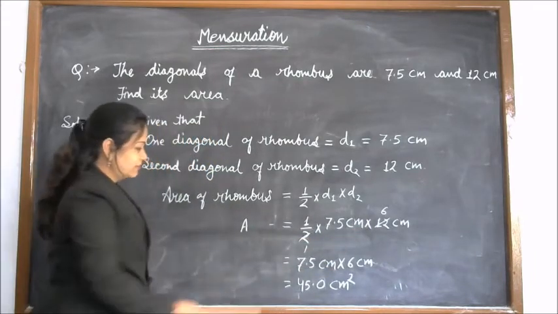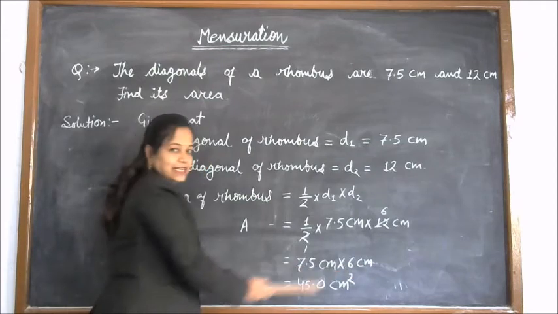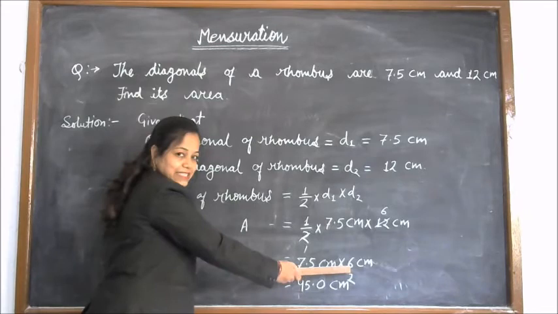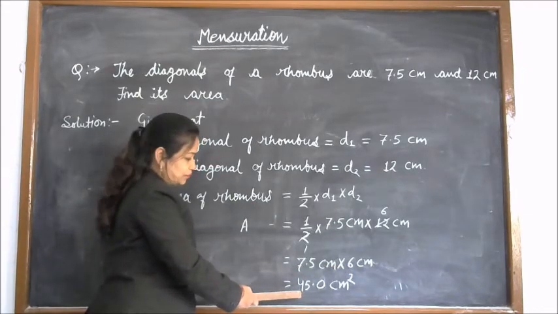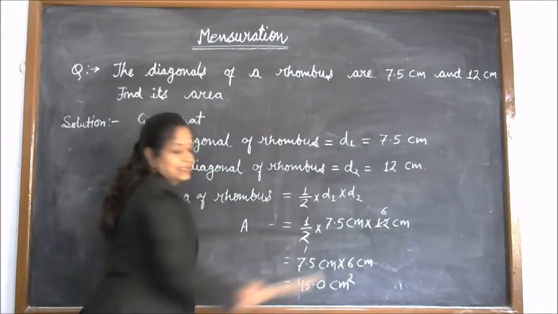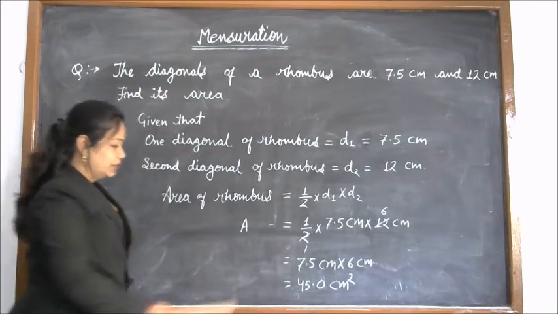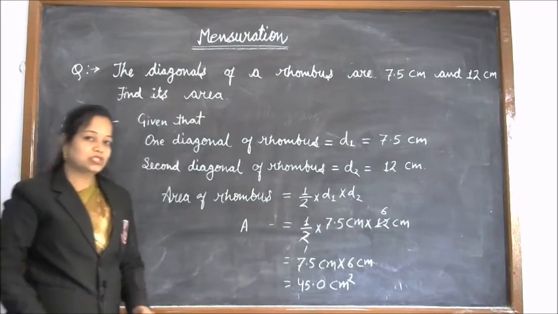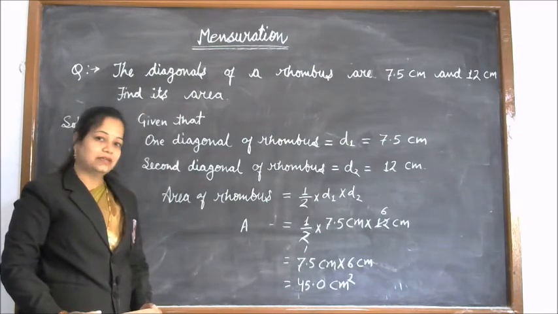So we have left with 7.5 centimeter into 6 centimeter. We will multiply 7.5 and 6. So we will get the product 45. And centimeter into centimeter will become centimeter square. So area of this rhombus will be 45 centimeter square. Remember student, unit of area will be centimeter square.